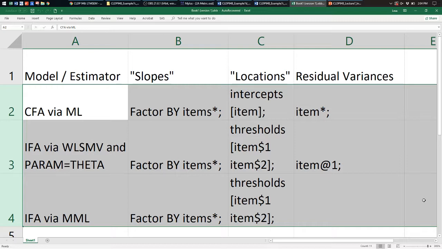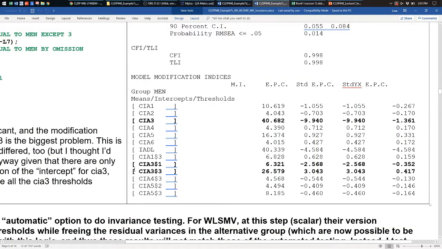So when we talk about locations, we should be talking about thresholds, right? Dollar signs. And to that end, M+ suggests specific dollar signs that are causing problems, such as the first threshold for item 3 and the last threshold for item 3. And it lists some other items as well, but then it also does this.